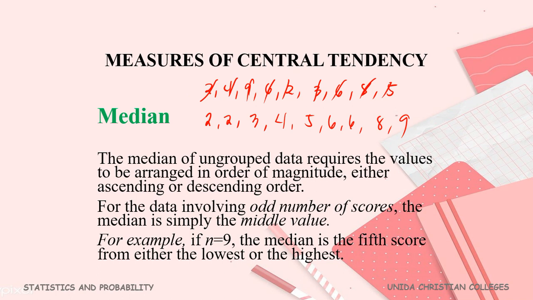Ngayon, ang kukunin lang daw po natin is yung nasa middle. Ayan. Ano ba yung nasa gitna ng ating 9 na values? Ayan, of course, yung median po natin is yung panglima. Ayan, yung panglima daw. 1, 2, 3, 4, 5. Nasaan yung panglima? Ito po. Ayan. So, as you can see, apat yung values na nandito, apat din yung values na nasa kanan.